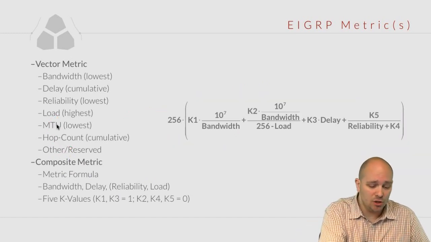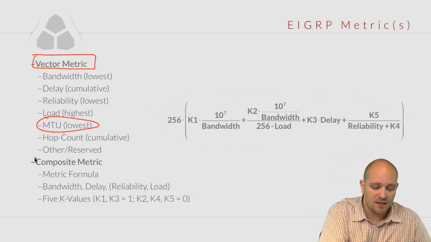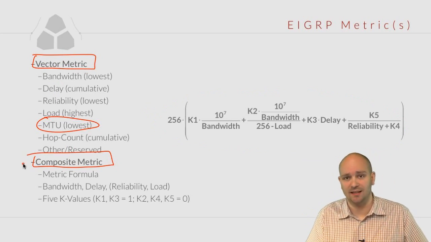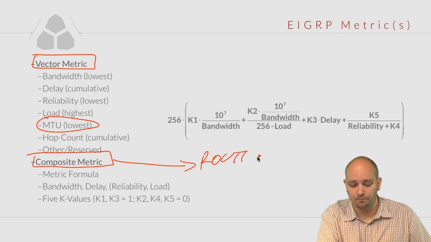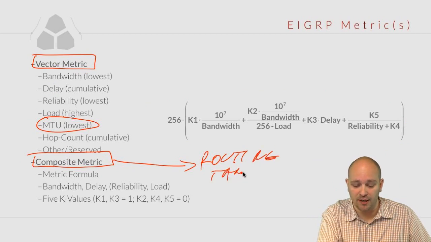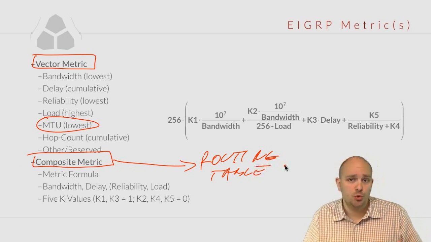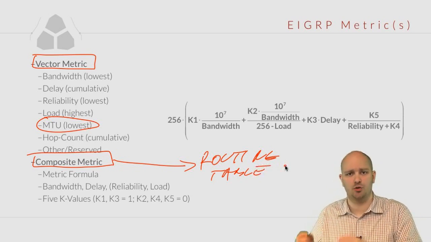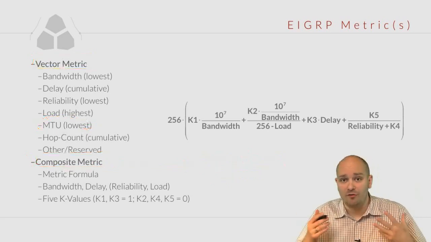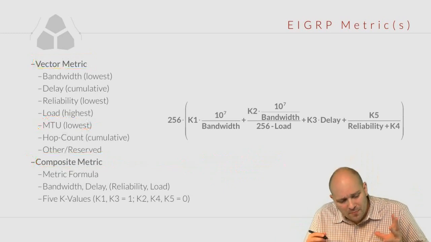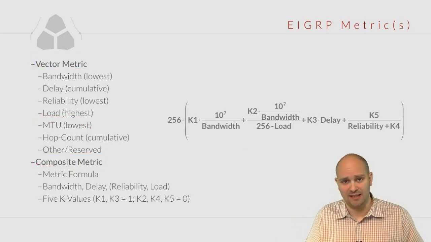So MTU, even though it's communicated as part of the vector metric, is not going to be used when calculating the composite metric. And the composite metric is the value that ends up inserted into the routing table. This is what is going to be used to calculate the best paths, to insert them in a routing table, or to find the alternate paths, whatever they might be. So the composite metric is what is actually used to make routing decisions.